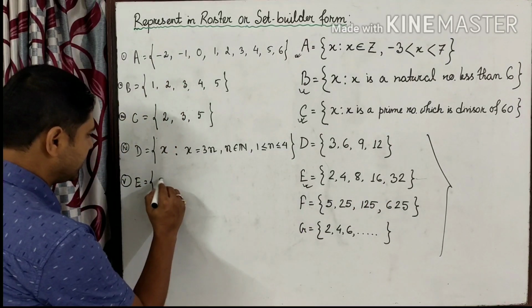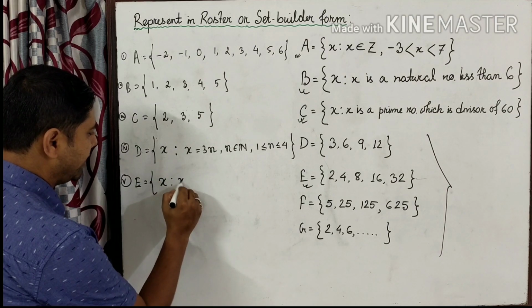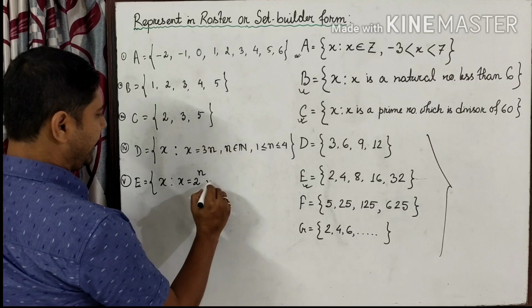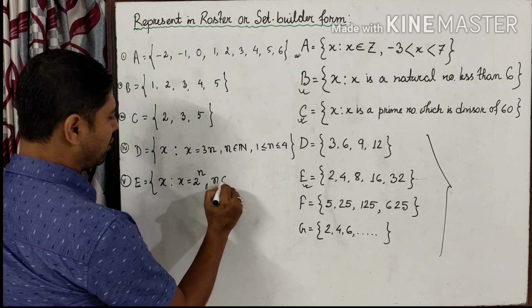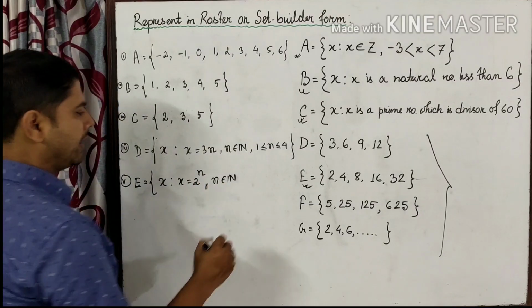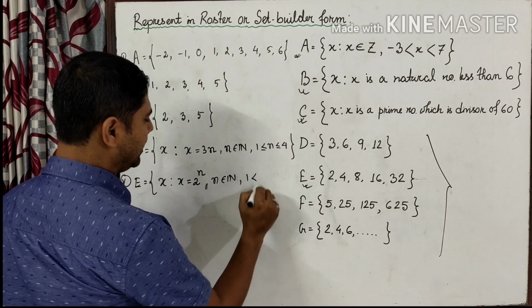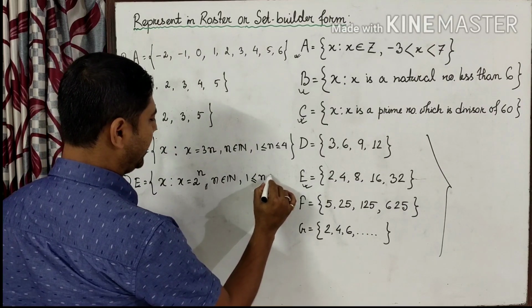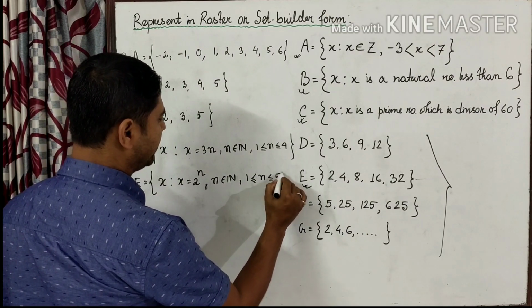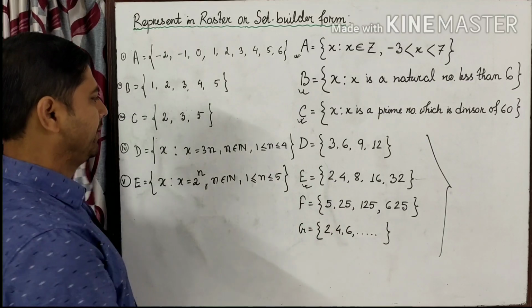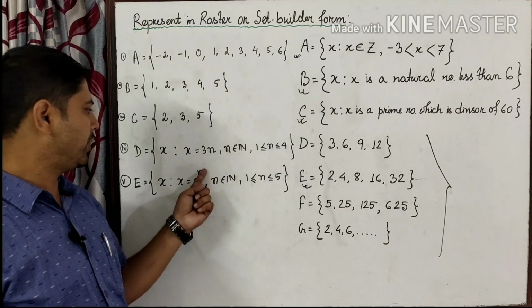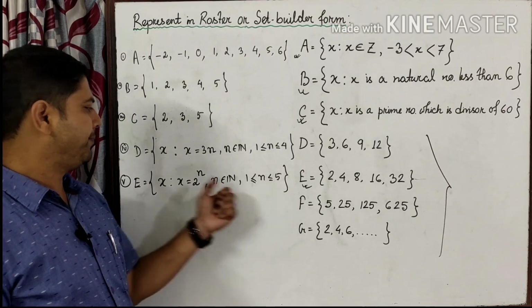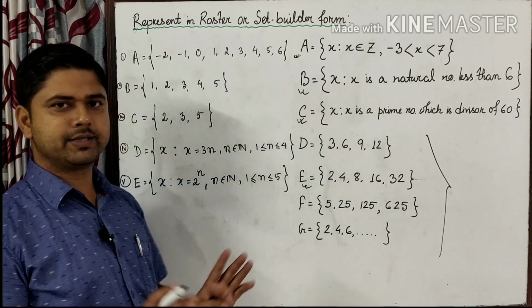That means we consider this variable x such that x equals 2 to the power n, where n belongs to the natural numbers and lies between 1 less than or equal to n less than or equal to, maximum 5. Putting 1 gives 2 to the power 1, 2. Next 2 square is 4. Finally 2 to the power 5 means what? 32. These are the values.